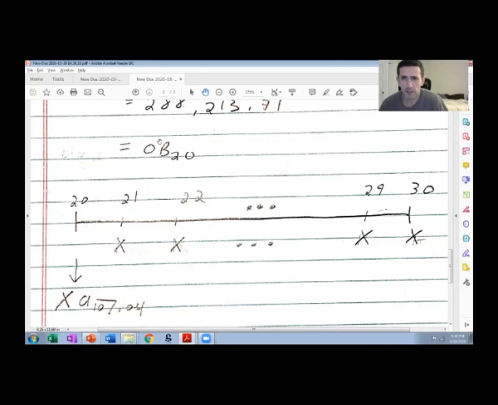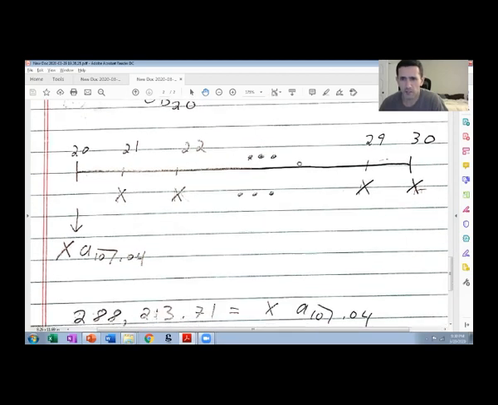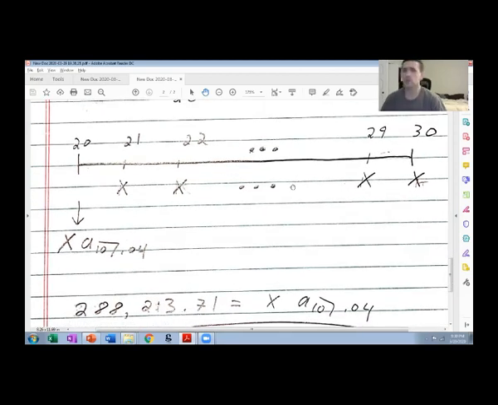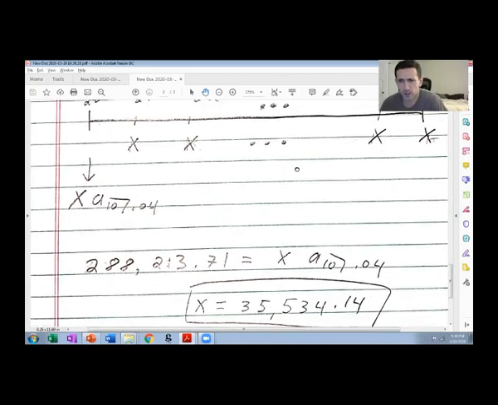That's got to be 288,213.71. So you solve for X, and you get X is 35,534.14. So yeah, not a terribly difficult question.